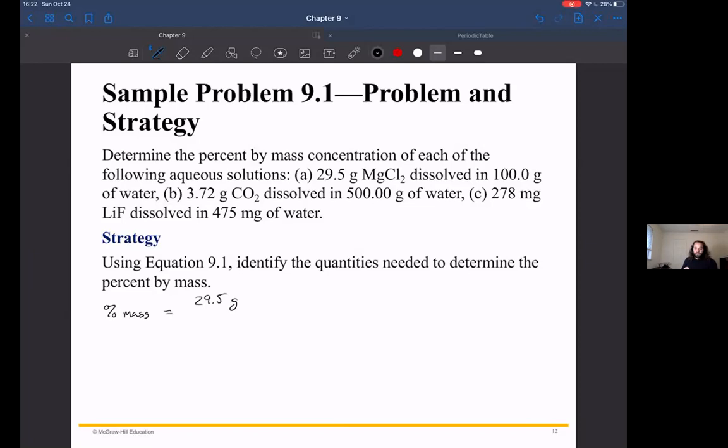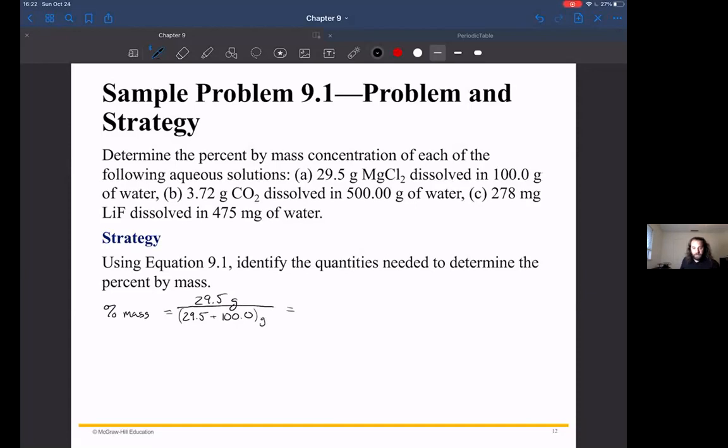That's the mass of the solute divided by the mass of the solvent plus the solute, which would give you the total mass of the solution. So 29.5 plus 100.0, those are both grams.